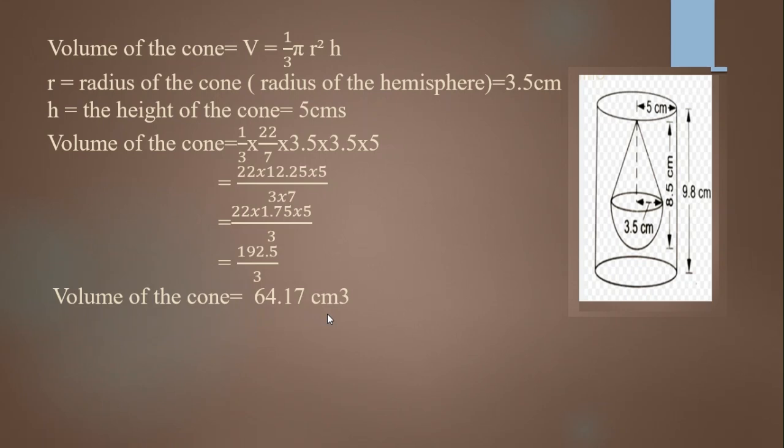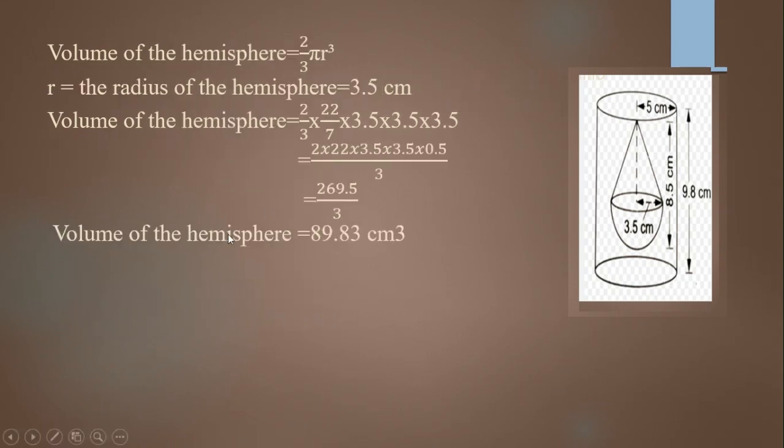Now the other half is there, the hemisphere. What is the volume of the hemisphere? 2 by 3 pi r cube, where r is the radius of the hemisphere. I substituted the values here. Cube means 3.5 into 3.5 into 3.5. Again, after all the cancellations and simplification, the volume of the hemisphere is 89.83 cubic centimeters.